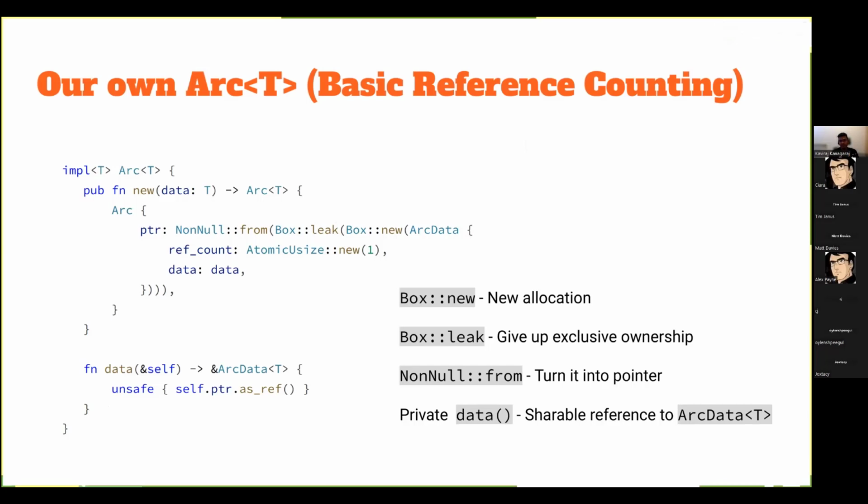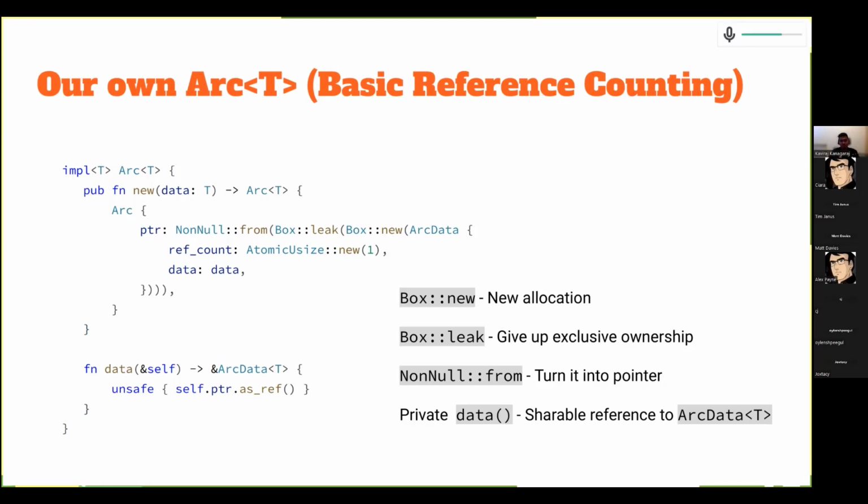Box will create a new allocation, and then we leak the data, meaning the data in the heap is no longer owned by the Box which created it. So unless someone manually drops or deallocates it, this data will live forever, and that's what we want. Then we convert that heap allocated data into a pointer via NonNull::from, and we store it in the Arc pointer.